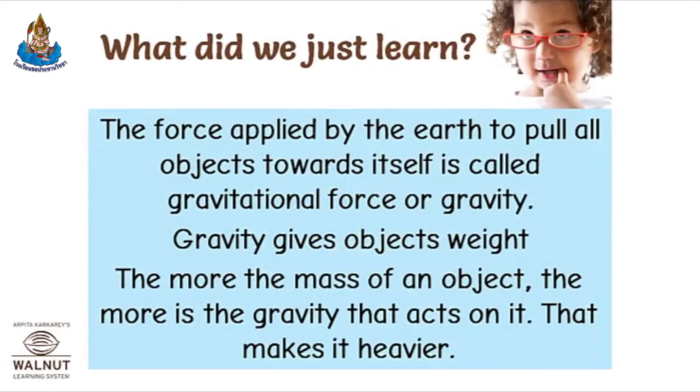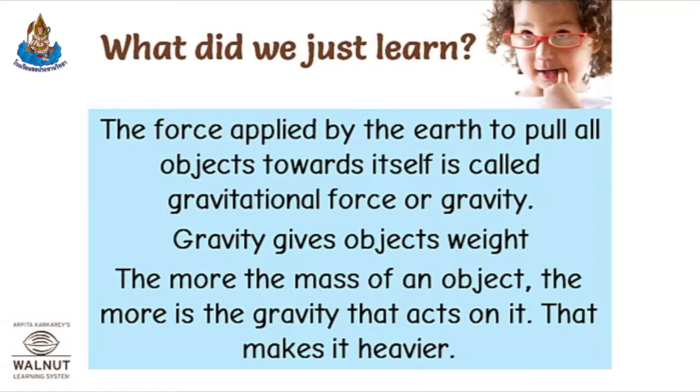What did we just learn? The force applied by the earth to pull all objects towards itself is called gravitational force or gravity. Gravity gives objects weight. The more the mass of an object, the more is the gravity that acts on it.